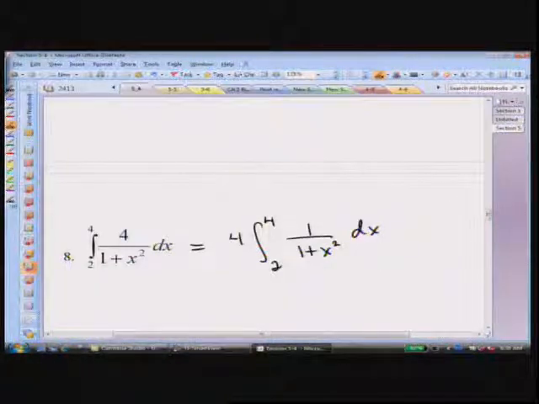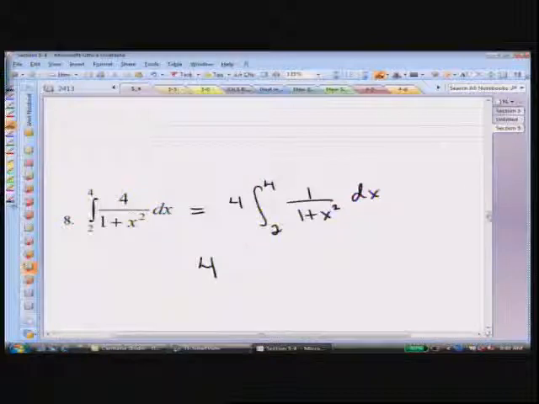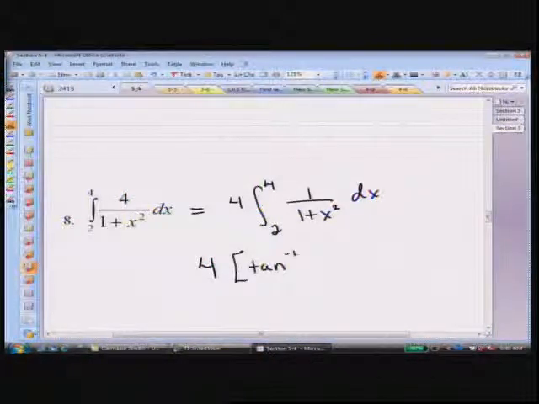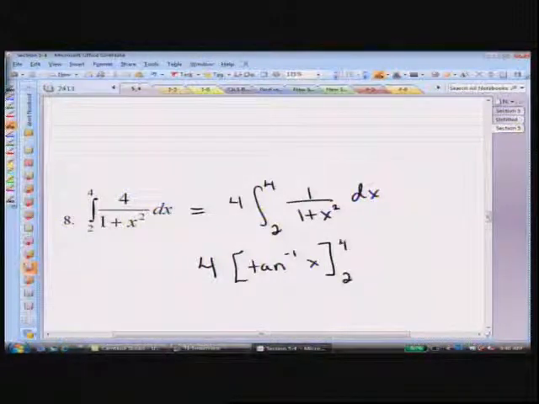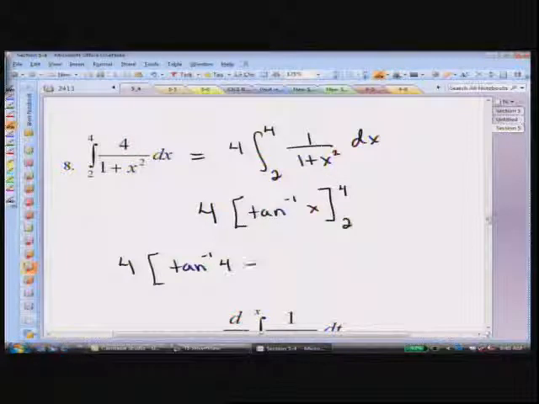Okay, so this is the inverse tangent of x, and so we will say that this is just going to be 4 times the inverse tangent of x evaluated between 2 and 4. So this is going to be 4 times the inverse tangent of 4 minus the inverse tangent of 2.